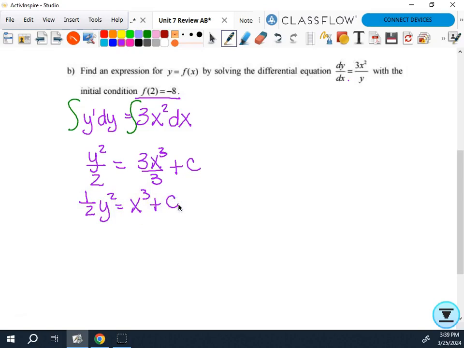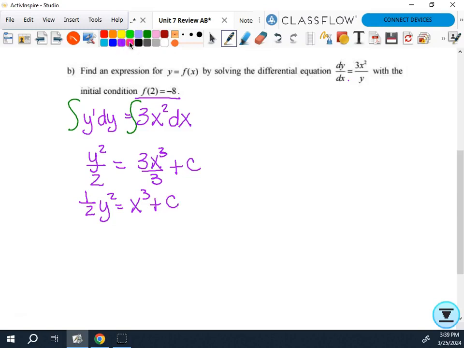Then again, you can choose whether or not you completely solve for y first. What I would do is, it really doesn't matter. We can leave that 1/2 there. We simplified it a little bit. I could multiply both sides by 2, but I don't have to. I'll just leave it like it is.